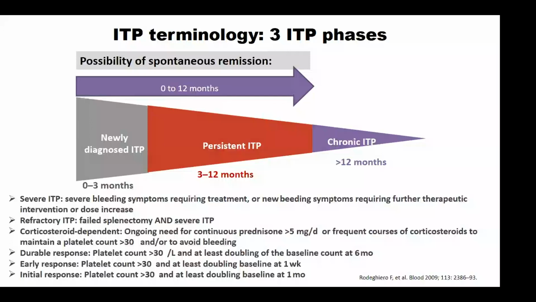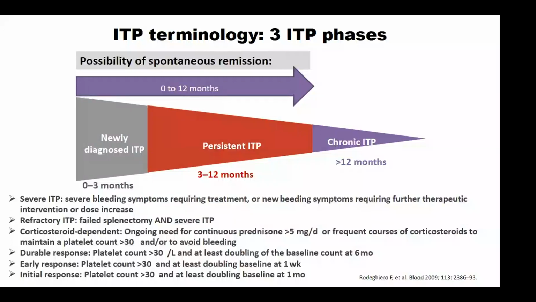Refractory ITP is a term used in the past for patients who failed splenectomy and have severe ITP. Corticosteroid-dependent ITP refers to patients with an ongoing need of prednisolone more than 5 mg per day, or frequent courses of corticosteroid to maintain a platelet count more than 30 or to avoid bleeding.